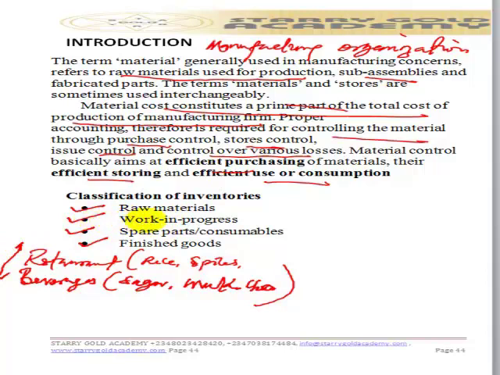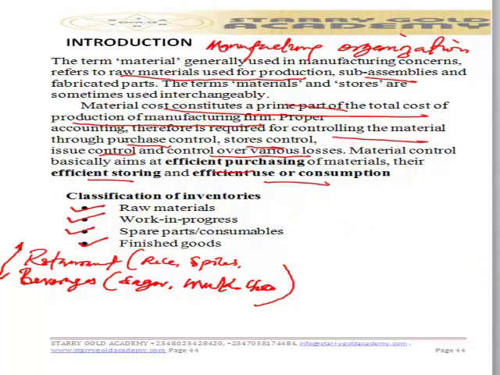Some products that are not fully completed in a particular organization may be what another organization would need for its own production, so it could serve as work in progress. Then we have spare parts and consumables that can be used especially in automobiles and mechanicals. Then we have finished goods that are equally used.